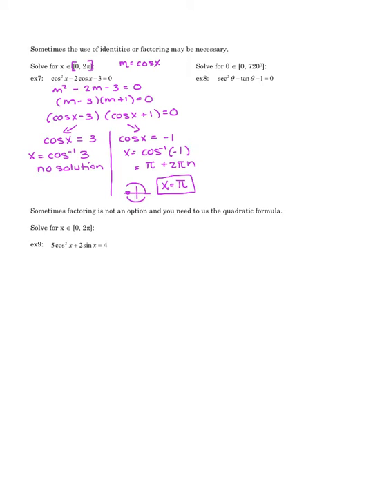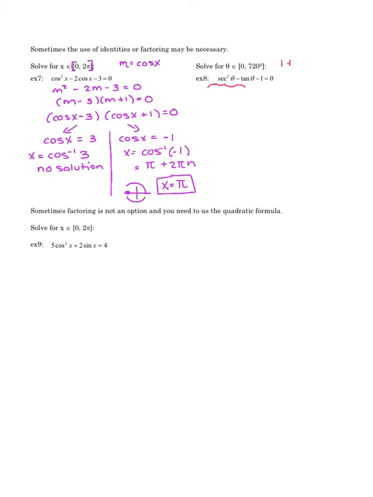Now, we didn't do the tangent one in class, so I'd like to go through and do this one. So notice you have secant squared theta minus tan theta minus 1. Again, you always want to choose the squared term to transform, because you can use your Pythagorean identities.